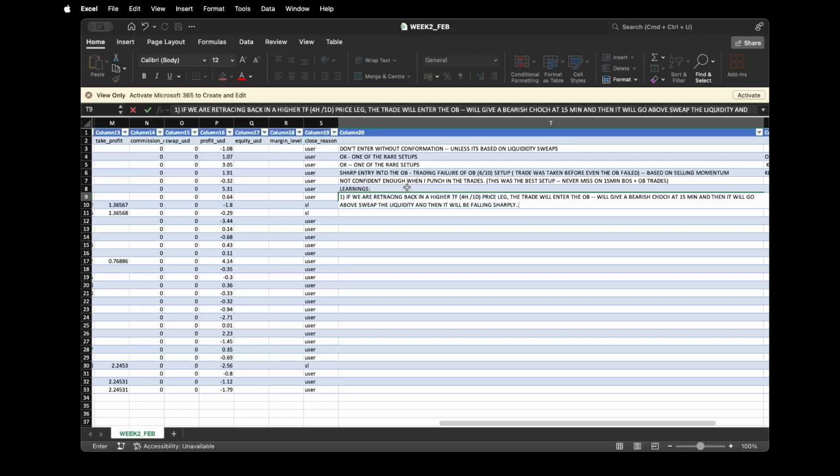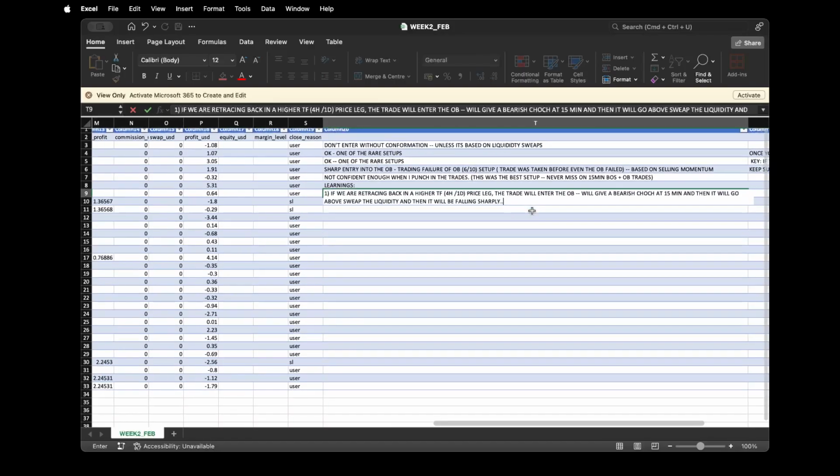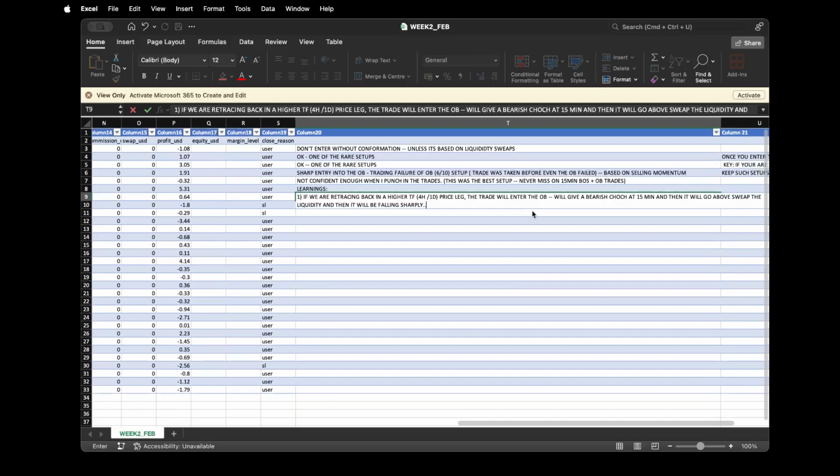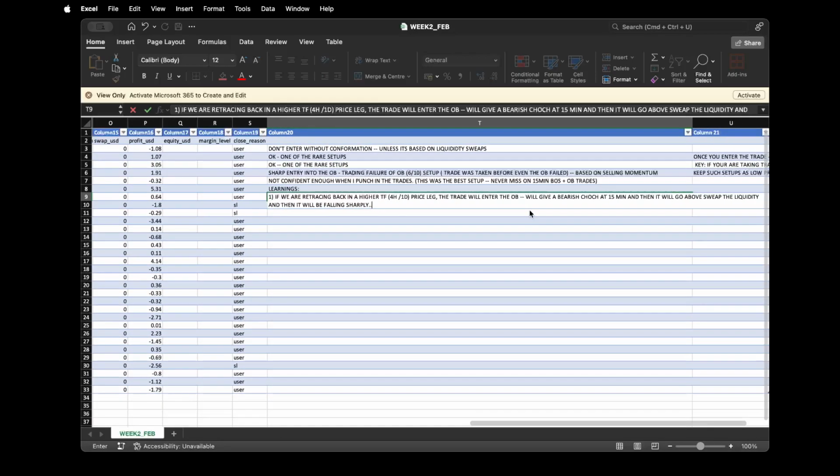So if you are retracing back in a higher time frame price leg, the trade will enter the order block, give a bearish change of character at 15 minutes, go above, sweep the liquidity, and then fall sharply.